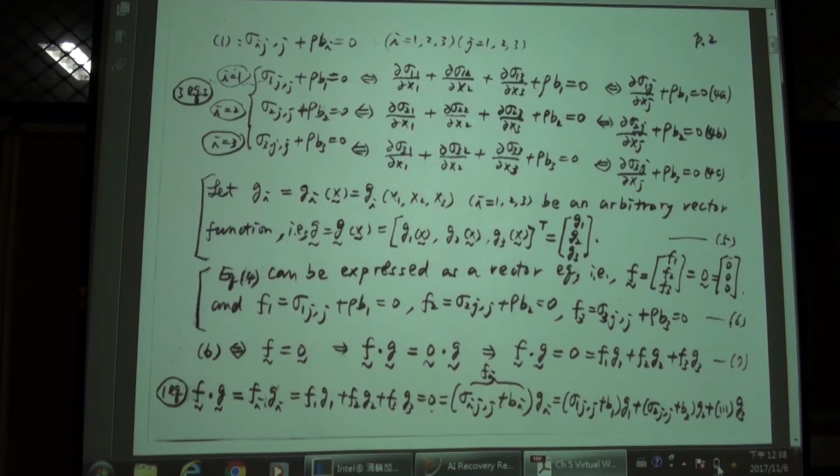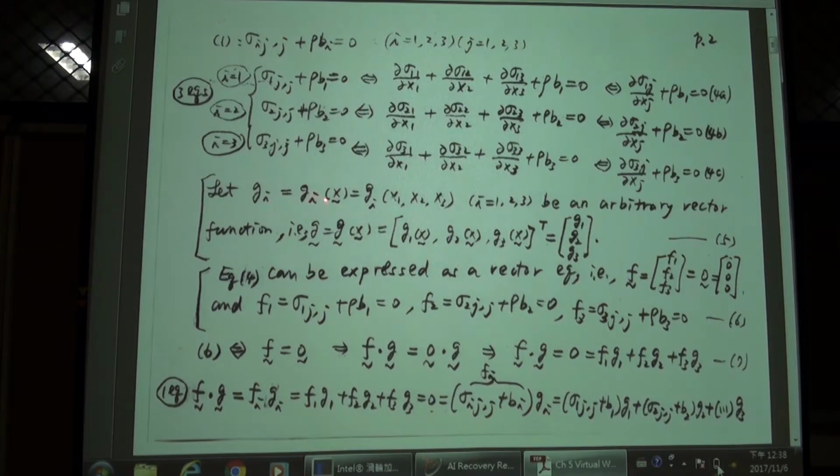Now, I want to mention that we have three equations, right? So we can take it as a vector of three components. This is the first component, second component, and third component. We will turn to this viewpoint later. Let me introduce another thing.